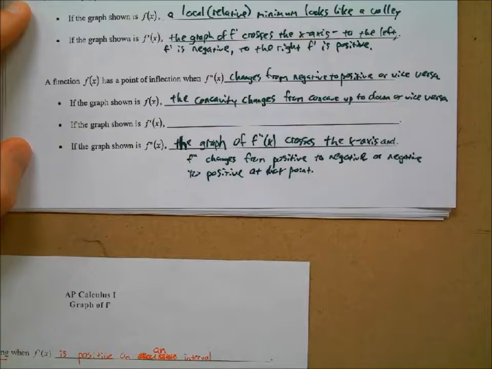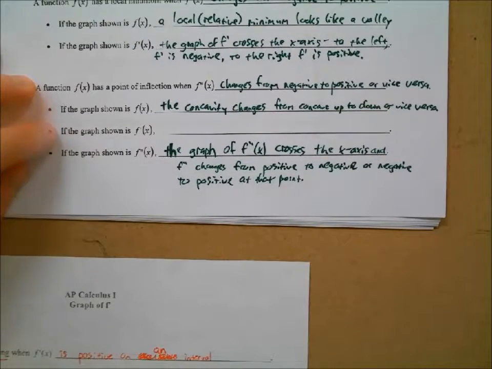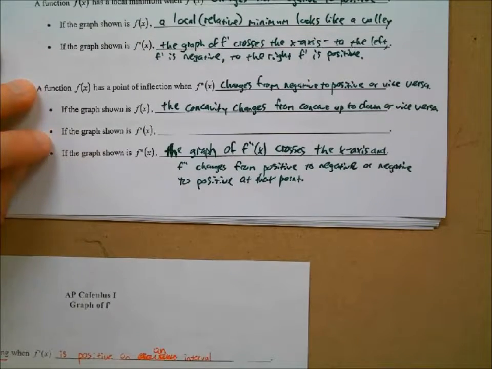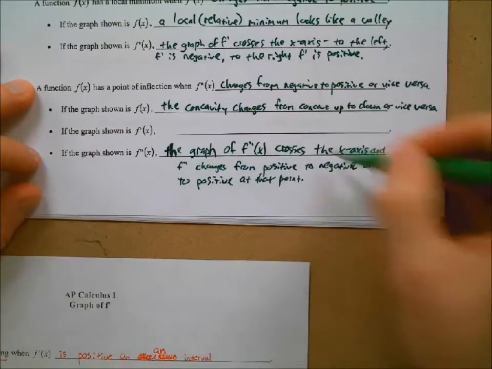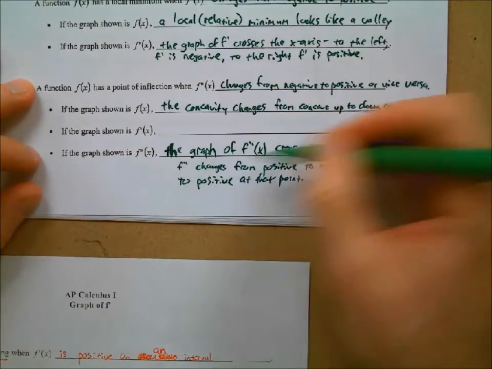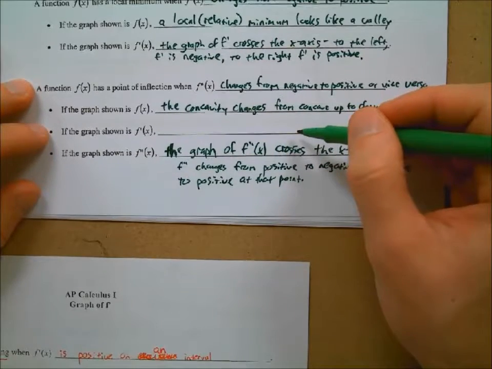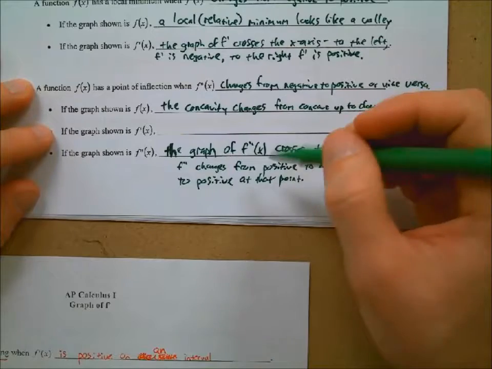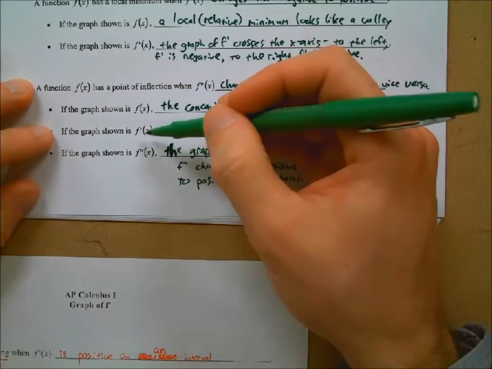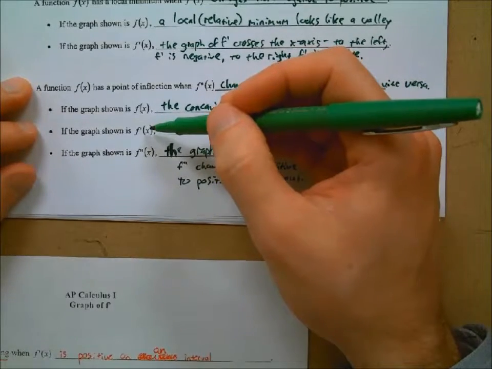Okay, now, here's where it gets a little bit funky, and I was trying to explain this earlier, so we'll go through it again here, right? So if the second derivative here is changing from positive to negative, what's going to be true about the first derivative? Well, if the second derivative is negative, the first derivative will be decreasing.